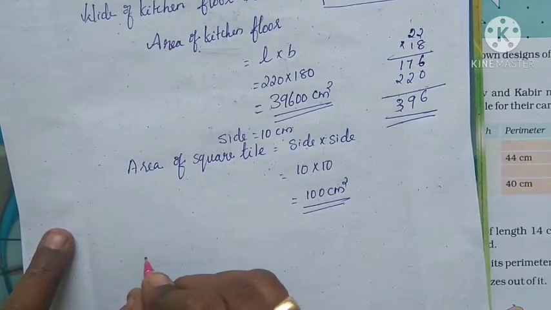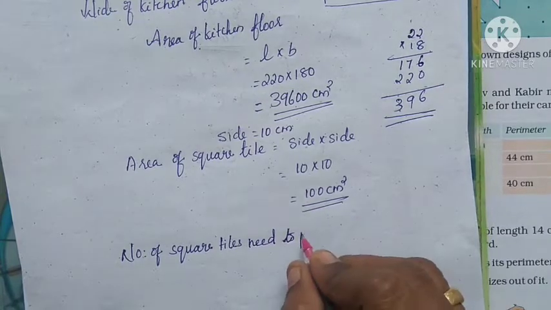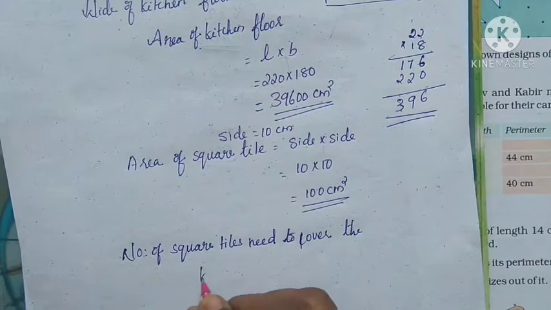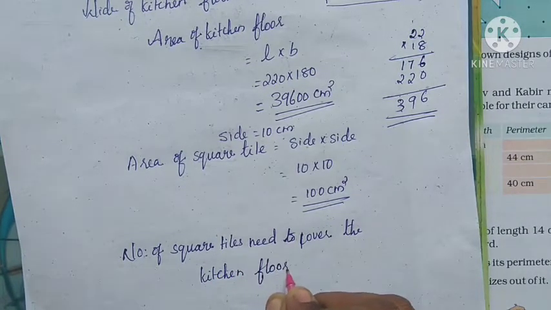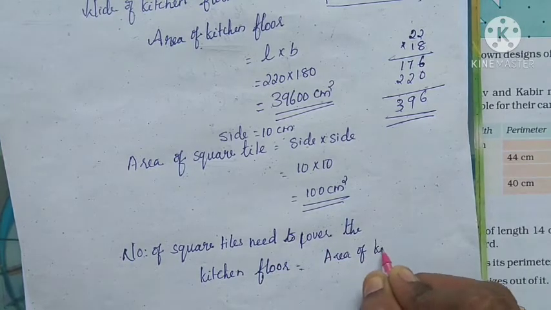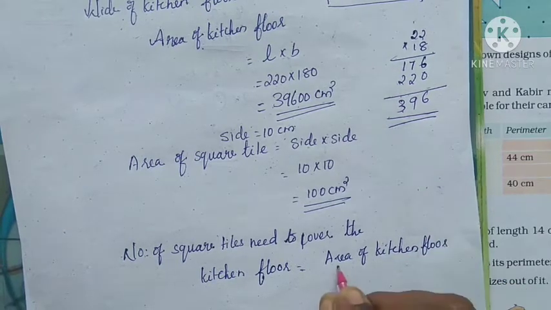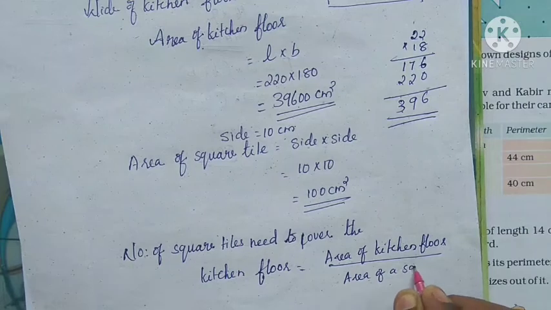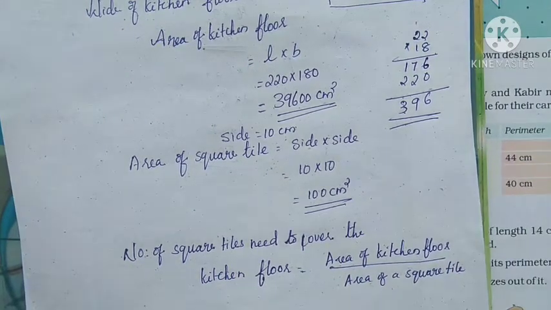We needed to find out the number of square tiles needed to cover the kitchen floor, which is equal to the area of the kitchen floor divided by the area of a square tile.